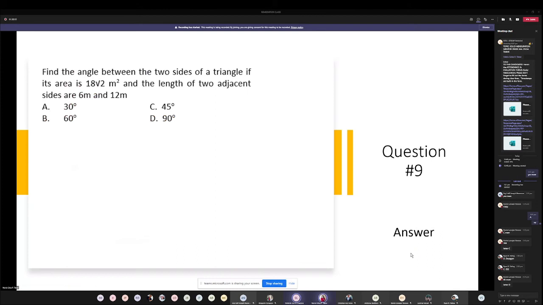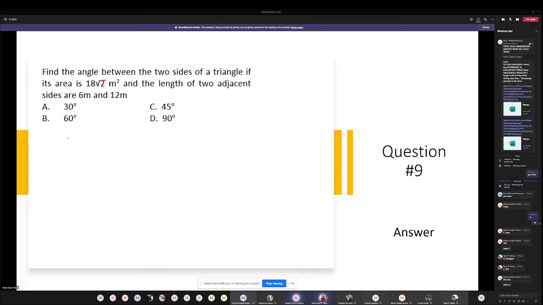Next, find the angle between the two sides of a triangle if its area is 18 square root of 2 square meters and the lengths of two adjacent sides are 6 meters and 12 meters. Basically, it's the same concept from question 8.